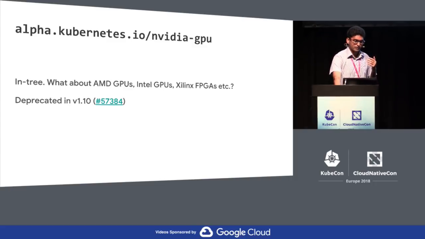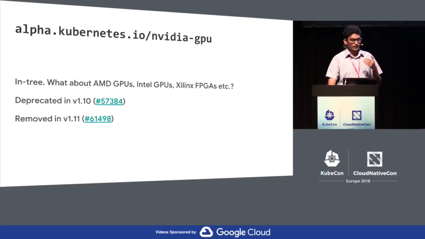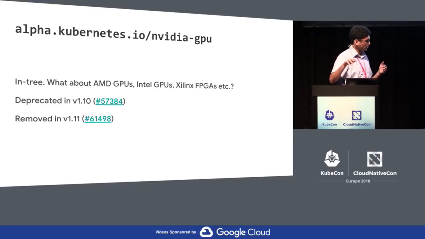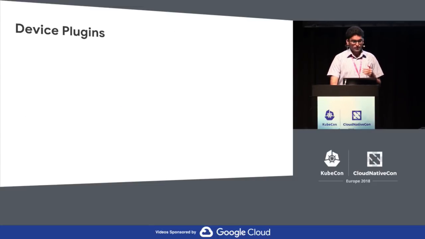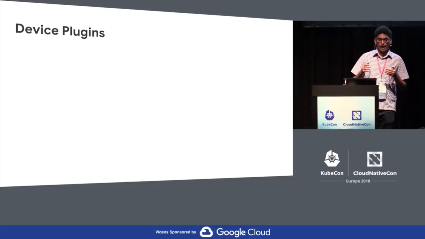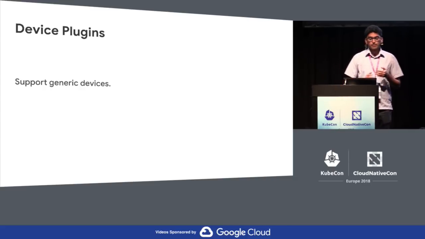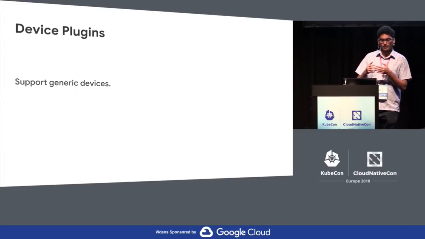As a result of these things, we deprecated the in-tree support in 1.10, and in 1.11 we are completely removing the in-tree support. So this resource will stop working in 1.11 completely. To replace this in-tree support, we added device plugins in Kubernetes. Device plugins are a way to support generic devices in Kubernetes.